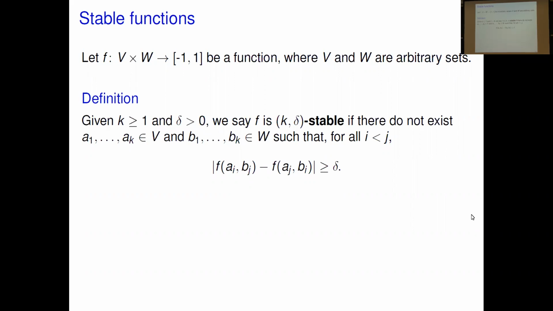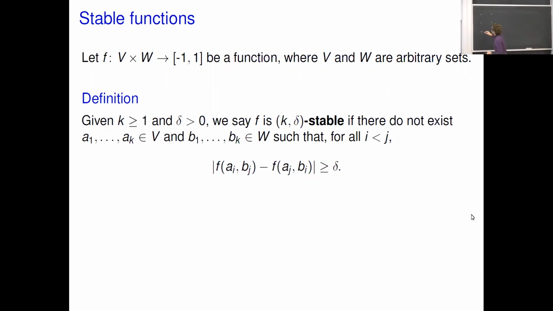And so then I'm going to say that this function is k-delta stable, where k is an integer and delta is a real number, if you omit some kind of half-graph type situation, but where the values of the function are now important. So I'm going to draw this little picture. I have my usual half-graph type picture, so maybe k equals 3 or something. So I omit a1 up through ak, b1 up through bk, and what do I not want to have happen?